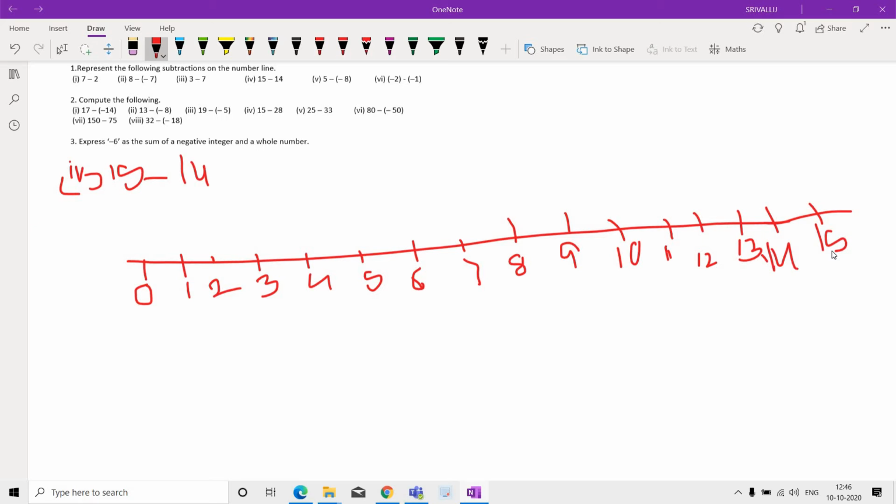So I completed 15 numbers. I represent 15 numbers on the number line.